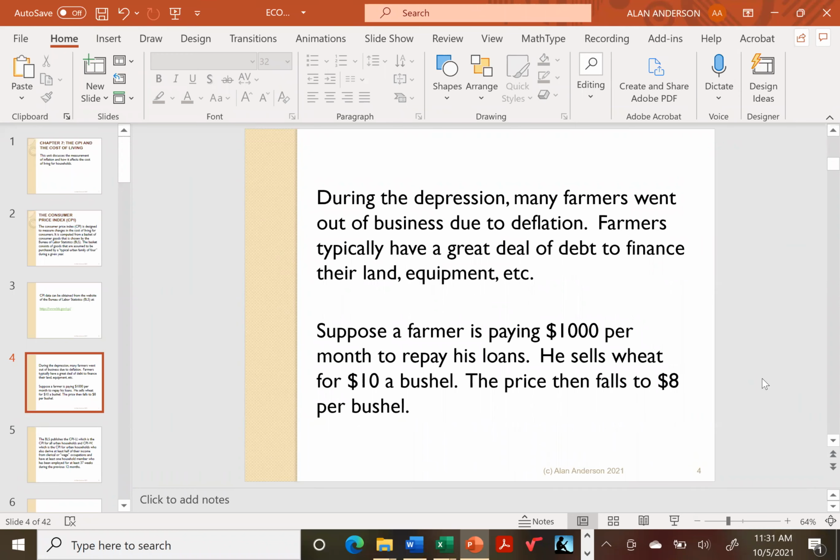When you think about it, people who own houses, people who are running businesses, very few people don't have any debt. And so anyone who has debt is going to be hammered by this. I mean, come on, in the Depression, the deflation rate was something preposterous, like 10, 15% a year. Even a trivial amount of deflation, though, can be harmful to people who owe money.